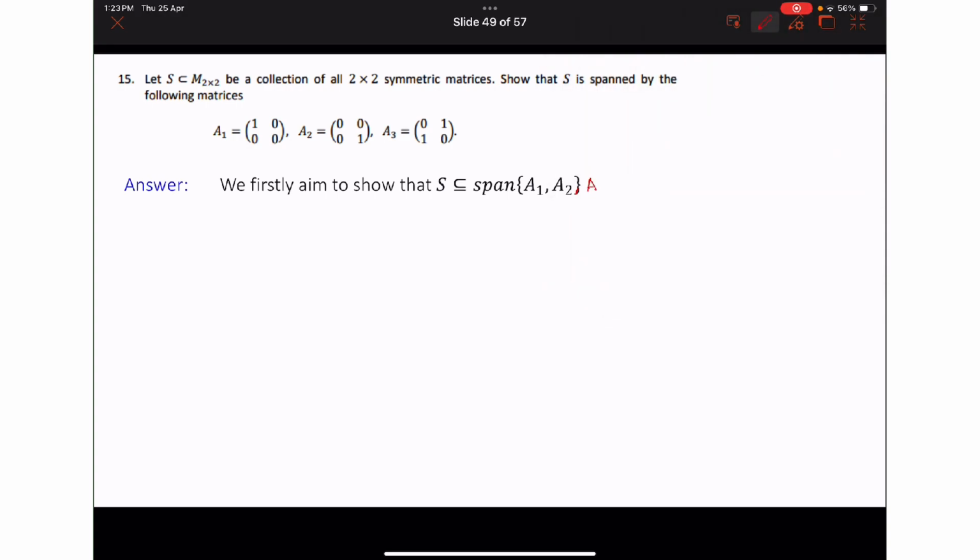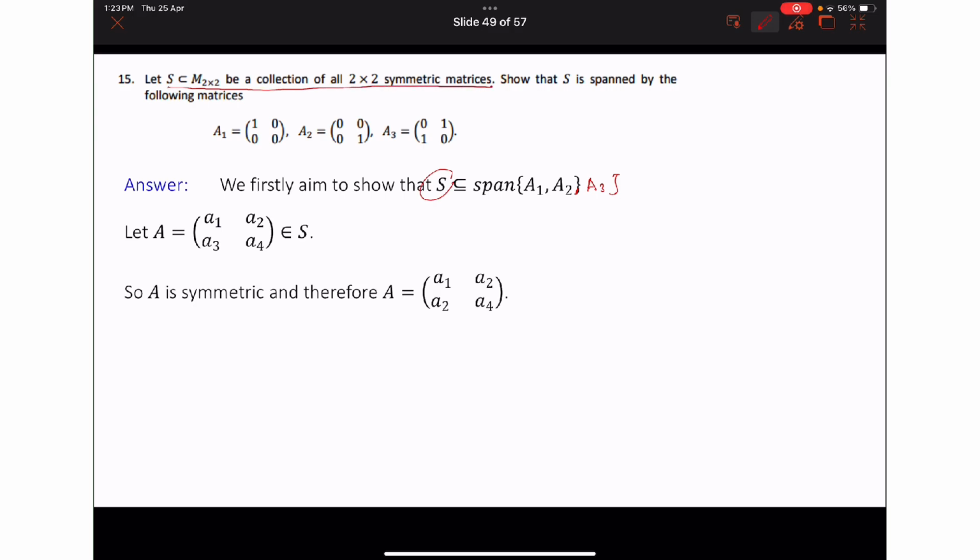We start by letting A be an element in S. Since A is in S, and S is a collection of all symmetric matrices, therefore A is symmetric. Since A is symmetric, the off-diagonal entries should be equal.